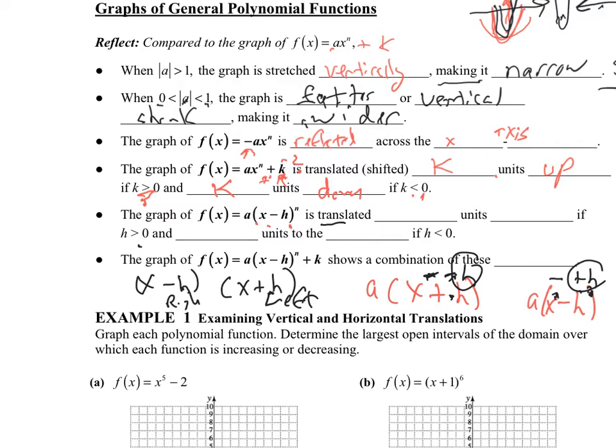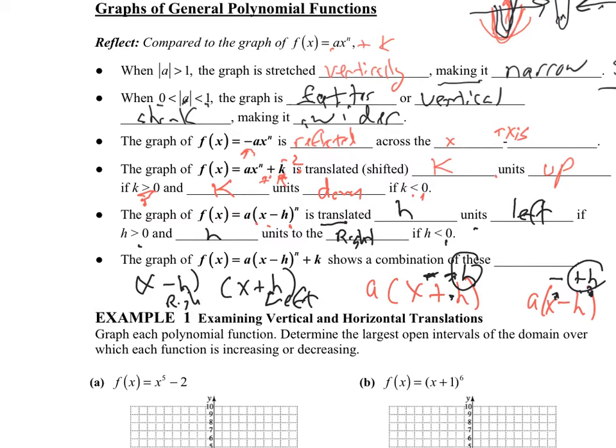He's using the word translated. I think he wants me to go h units left if the h was positive. And then I go h units to the right if h was less than 0.